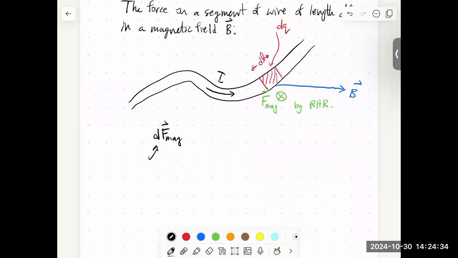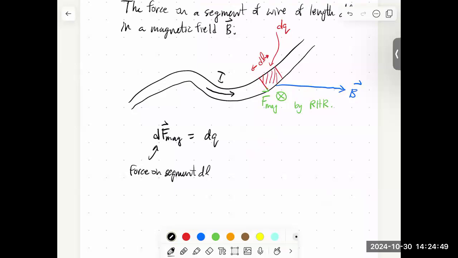So this is the force on segment dl. It was q times v cross B. So let's see if we can work that out.